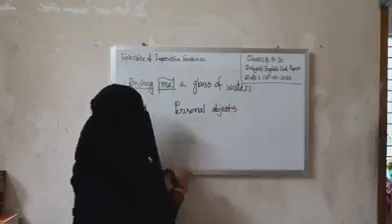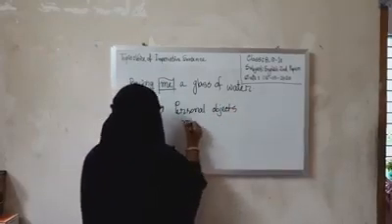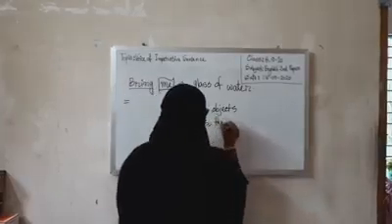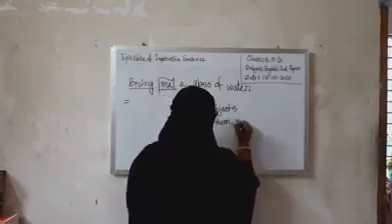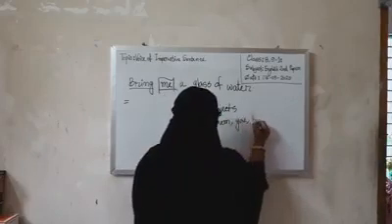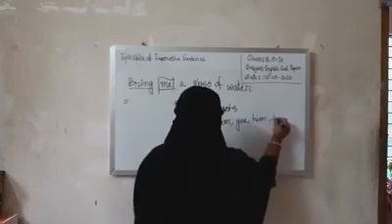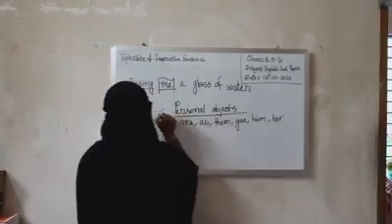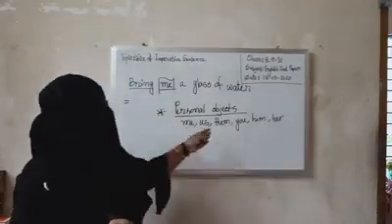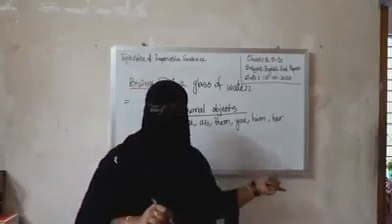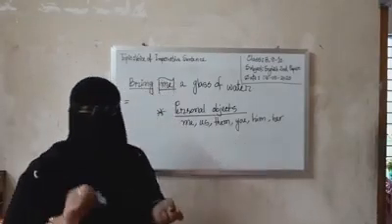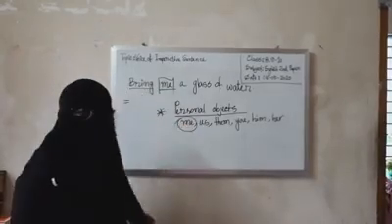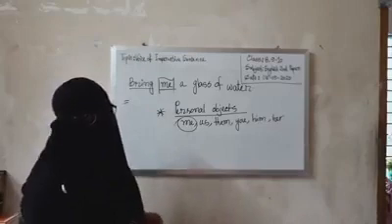Personal objects are me, us, them, you, him, her. They are personal objects. And we find there is a personal object in the sentence.